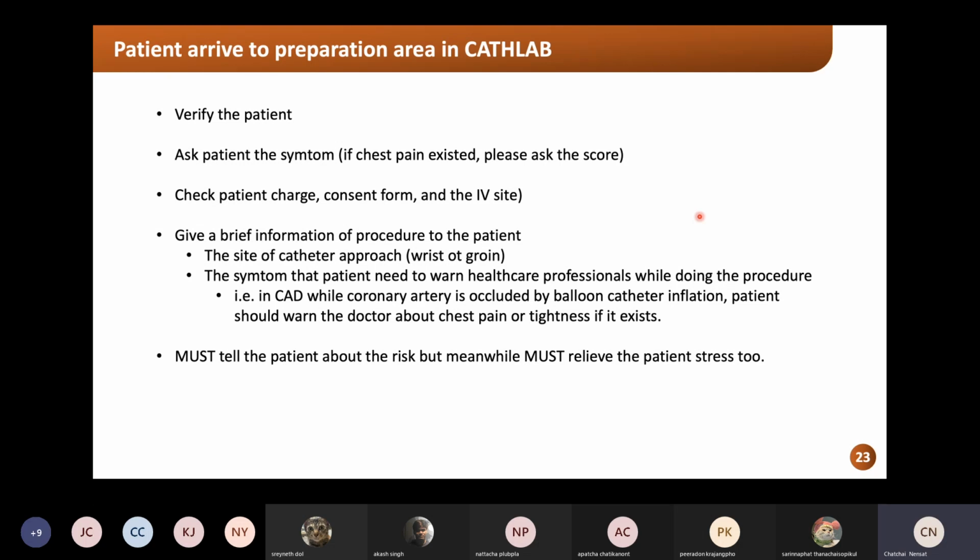In my experience at a hospital where I worked before, the doctor may order the IV line to be opened on the left arm of the patient instead of the right arm, because if the patient has the IV line on the brachial or the wrist, it might disturb the approach site when doing the procedure, right?